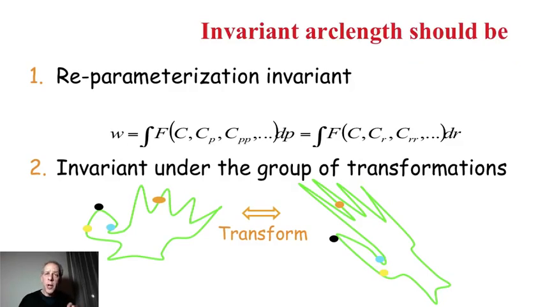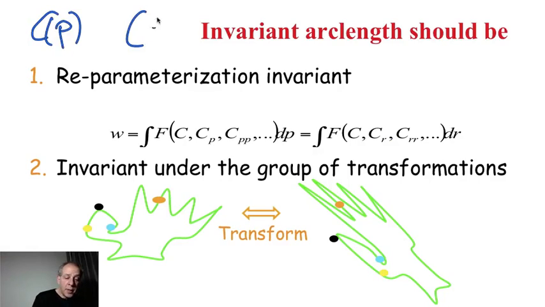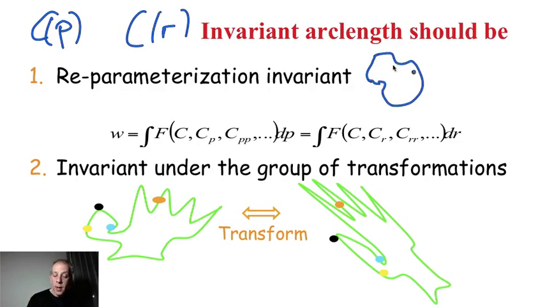Now, in order to do that, let me just talk a bit more of what is parametrization. So I can have a curve parameterized by P as before, and can have it parameterized by R, by a different parameter. The curve will basically be the same by R or by P. The parameterization is kind of telling me how fast are we traveling the curve.